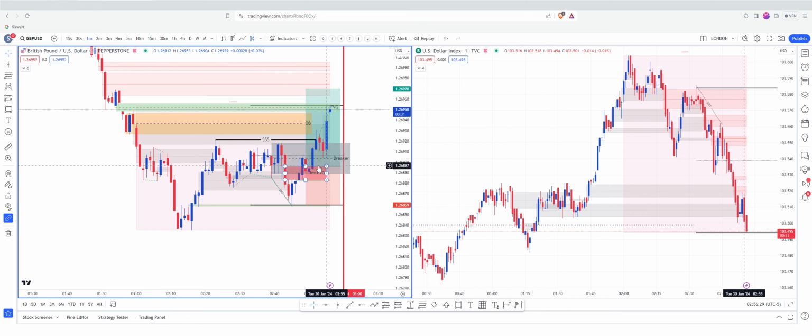It would be definitely break even at this point. I wouldn't let it run back and take me out. So if this did come back, I would go break even. You can in fact roll your stop loss up into profit at this point.